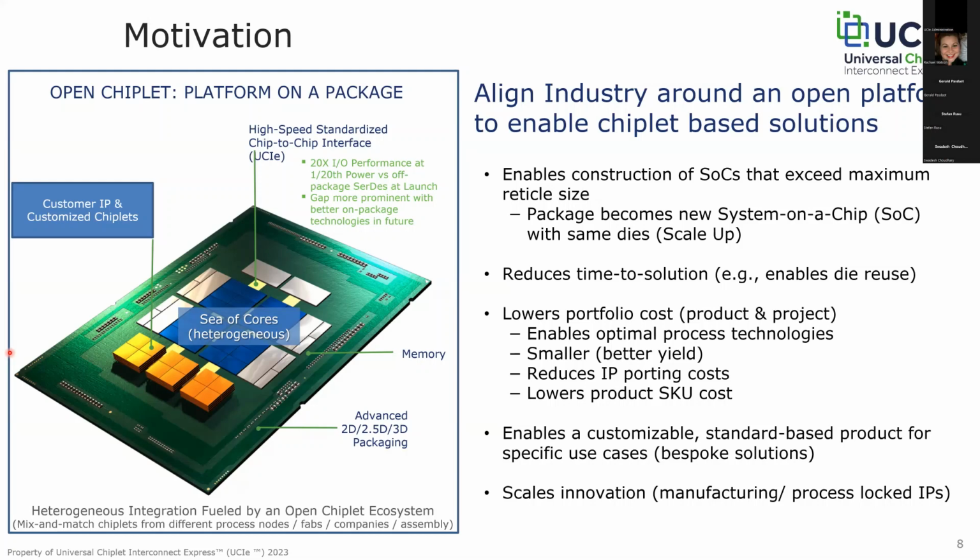It could be something that is a more mature process node for I/O, or something that requires a little more mature process. So when you have a chiplet-based construction method, you have smaller die, you get better yield, it reduces IP porting costs, overall product SKU cost gets reduced, and it also enables you to mix and match different die and come up with bespoke or custom solutions faster.